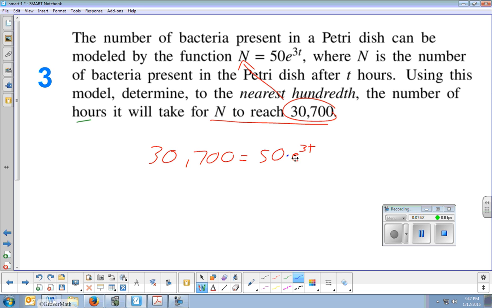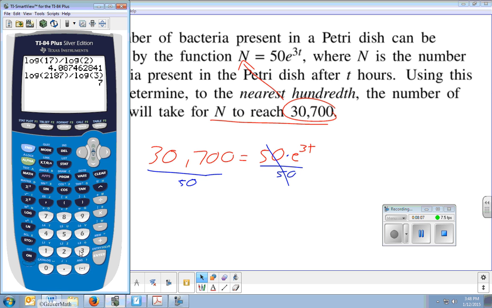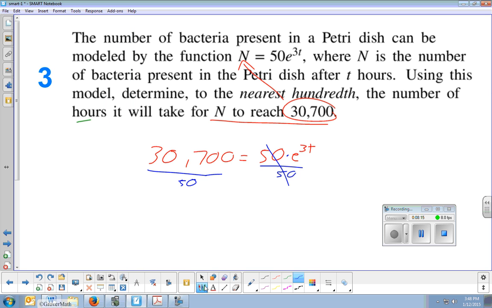So this is 50 times e to the 3t. So to remove it, I'm going to simply divide 50 on both sides. And so divide this by 50. And again, my calculator is going to be very handy. 30,700 divided by 50 is 614.